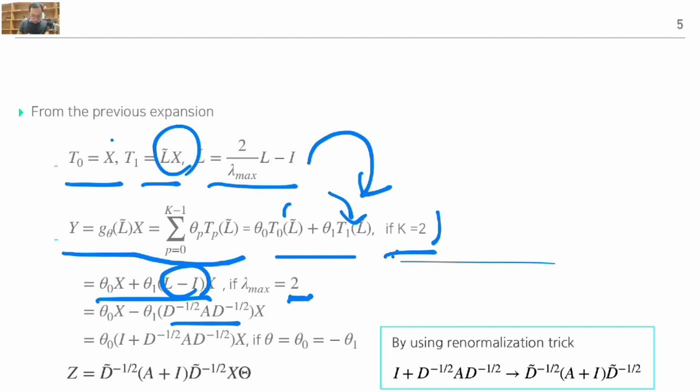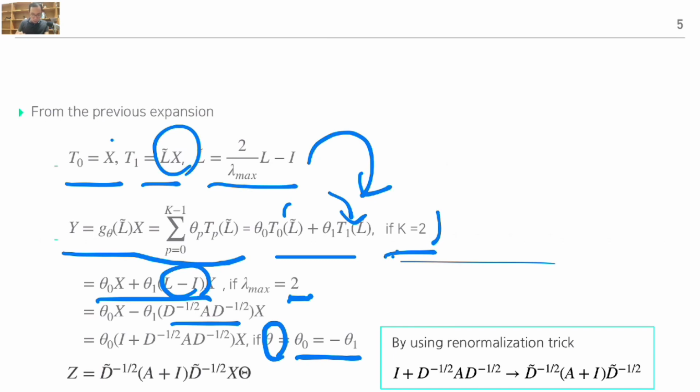And well, we also assume this, and we also introduce the theta. So we don't use different thetas for the different terms, T0 and T1.